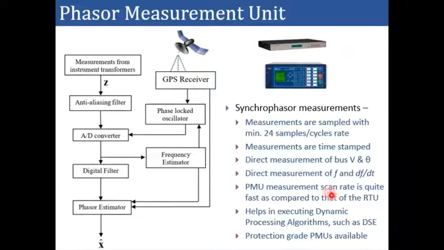PMU measurements scan rate is quite fast as compared to that of RTU. We can typically get 50 frames per second when you compare with the remote terminal unit. It also helps in executing dynamic processing algorithms such as dynamic state estimation, which we will discuss when we talk about the application of PMU.